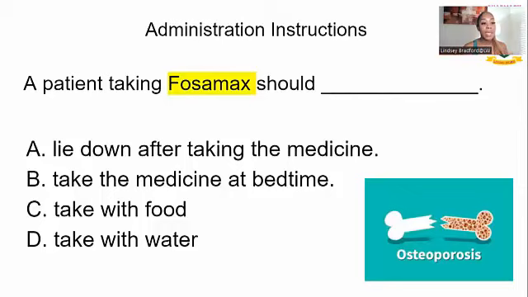So with that being said, you're looking at all of the things that the patient should do when they are taking Fosamax, and we want them to take Fosamax with water, okay? Administration instructions mean how are they taking the medication, right? We know that they are taking it by mouth is what we assume. If they're using it with water, that means they're taking it by mouth, right? So administration is the way that the drug is taken, all right?